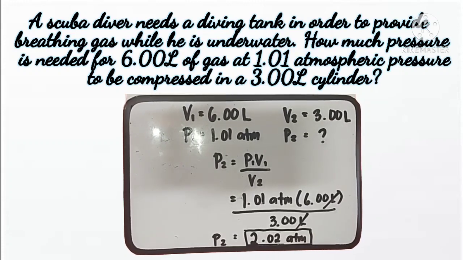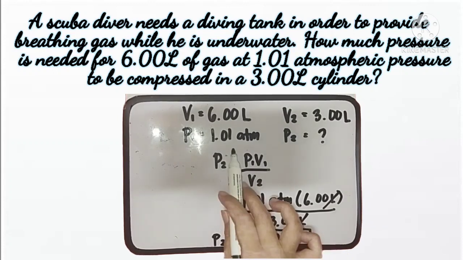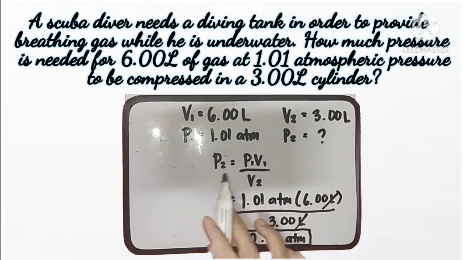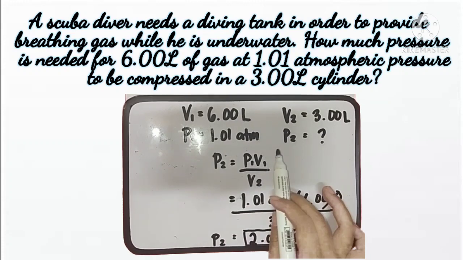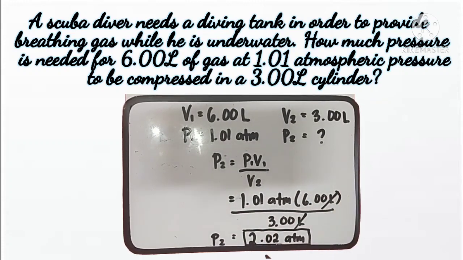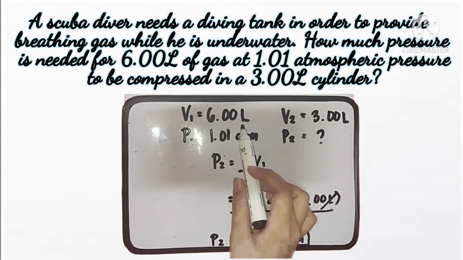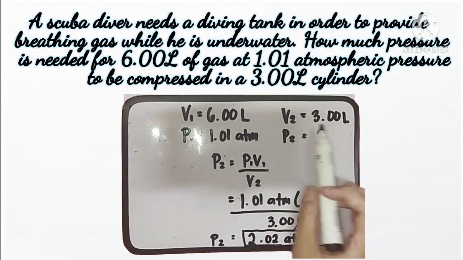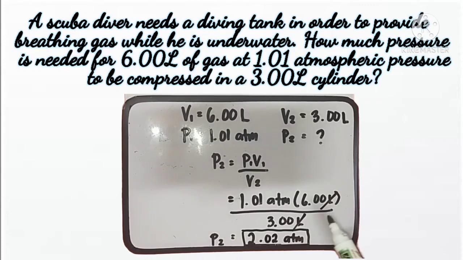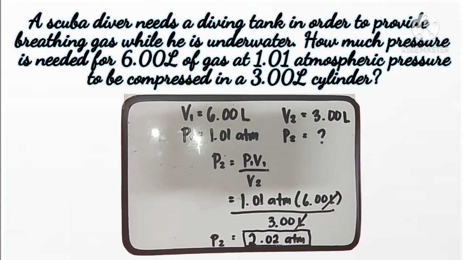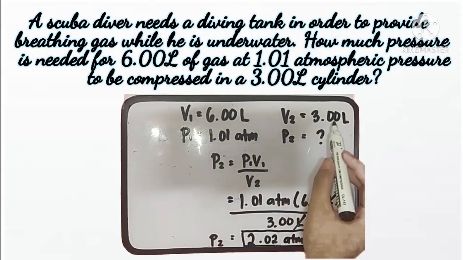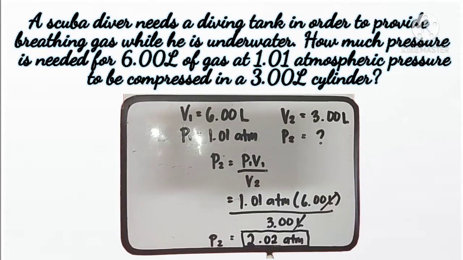And as you've noticed, from having 1.01 ATM as the initial pressure, the pressure increases to 2.02 ATM, in which the volume decreases from 6 liters to 3 liters.